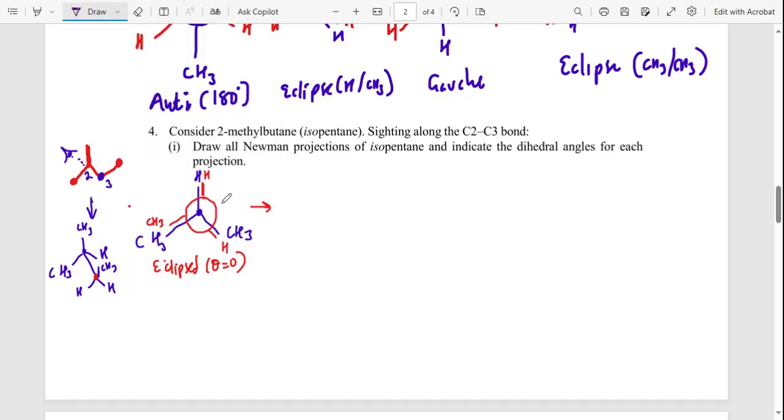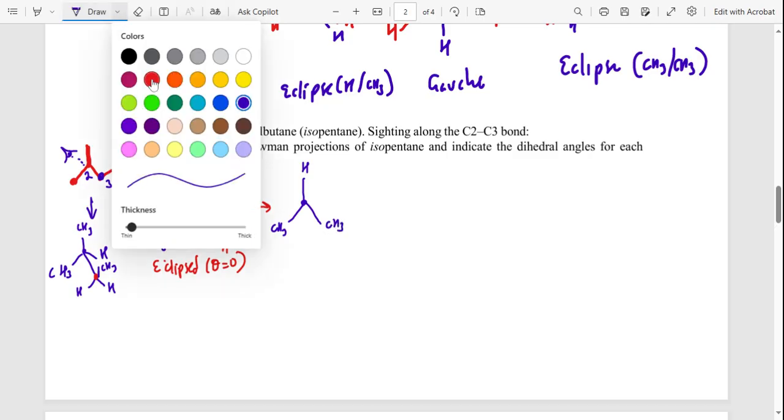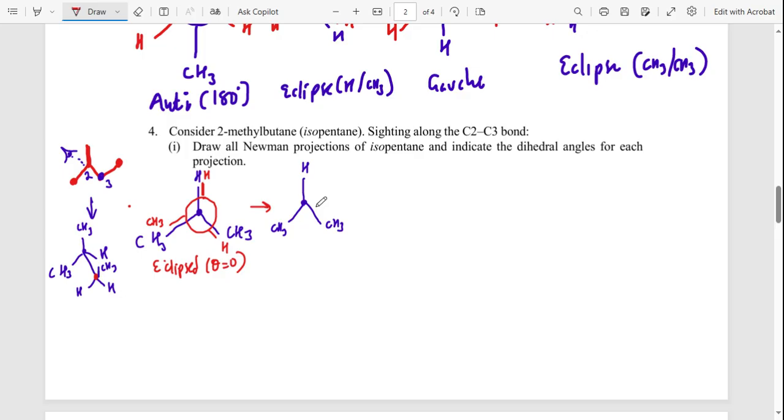So for the second molecule, the carbon in front I'll still write the same way: hydrogen on top, a methyl down, and then a methyl this side. And then we have the carbon at the back, which I'm going to rotate.